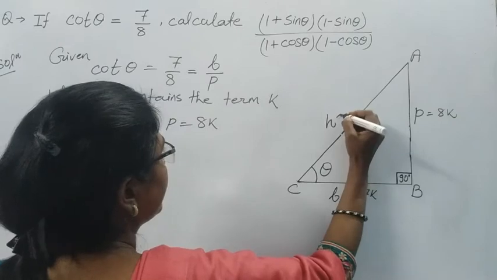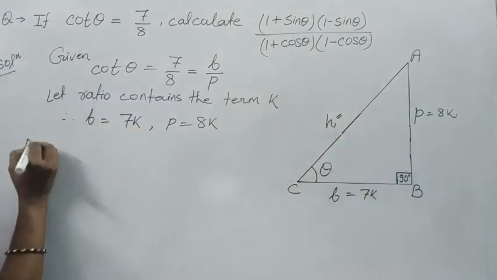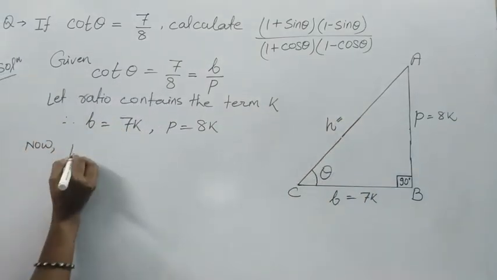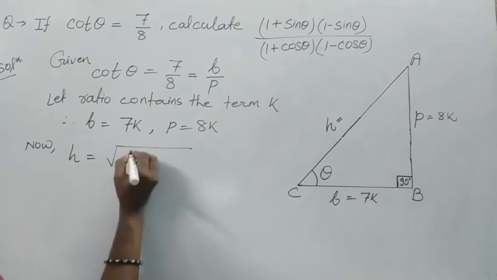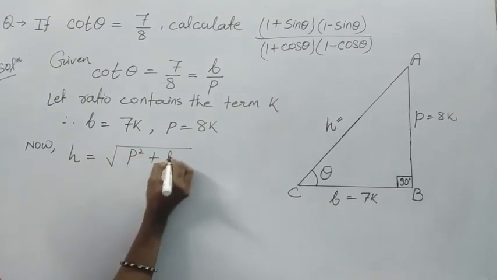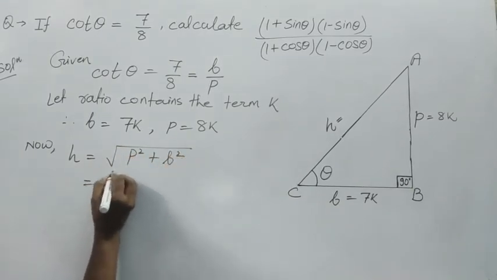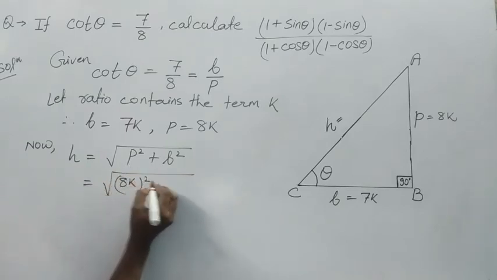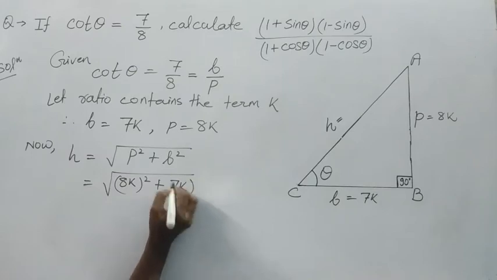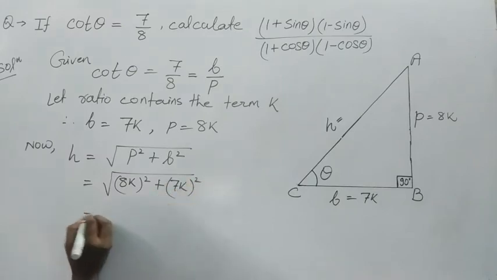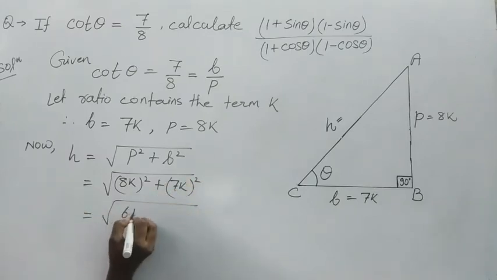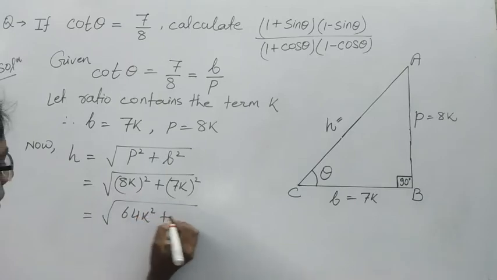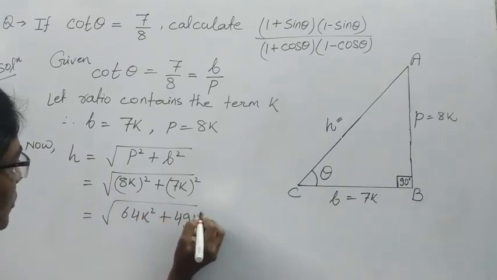Now find out H. So by Pythagoras property, H is equal to the square root of perpendicular square plus base square. Just calculate it. 8k whole square plus 7k whole square. We get 64k square plus 49k square.